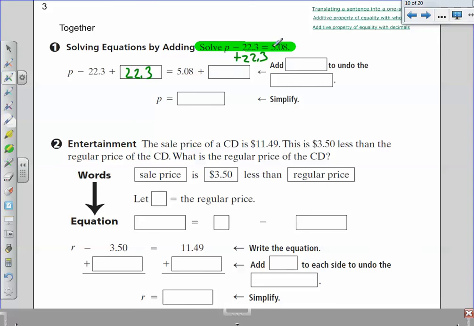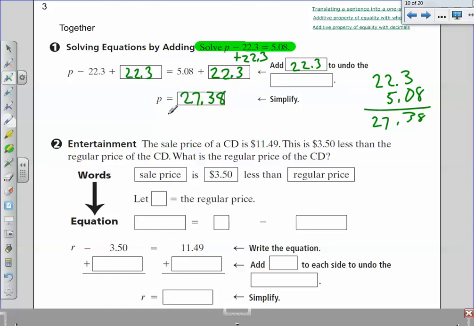So now I have 5 8/100 plus 22 3/10. So again, I'm adding 22 3/10. So if I do 22 3/10 plus 5 8/100, I'm going to get 27 3/800.